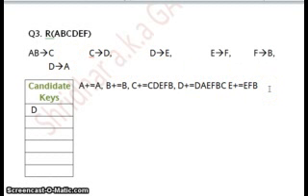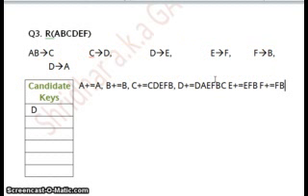Maybe you also need to check A, B, C, D, E, F. What would be F closure? F closure would be F itself, and F tends to B, so B also. What else? No, I don't think anything else can be in its closure.